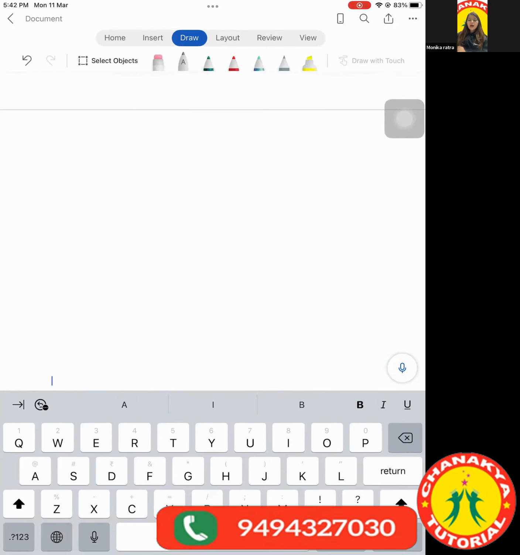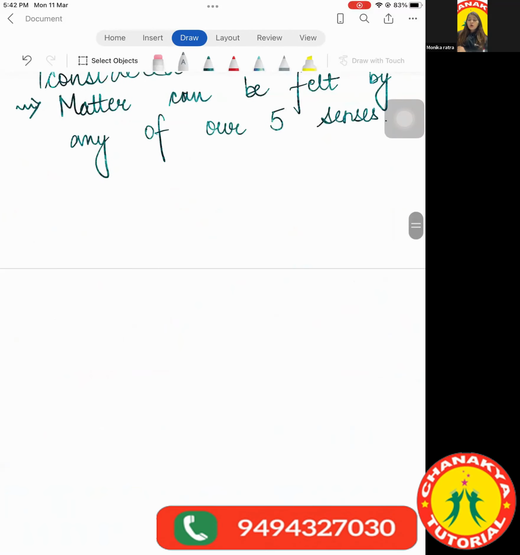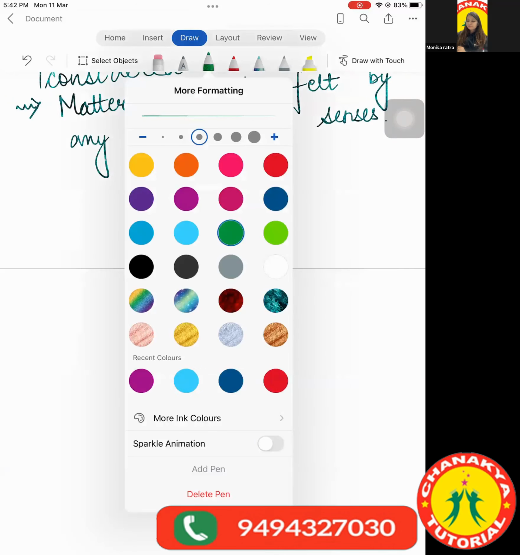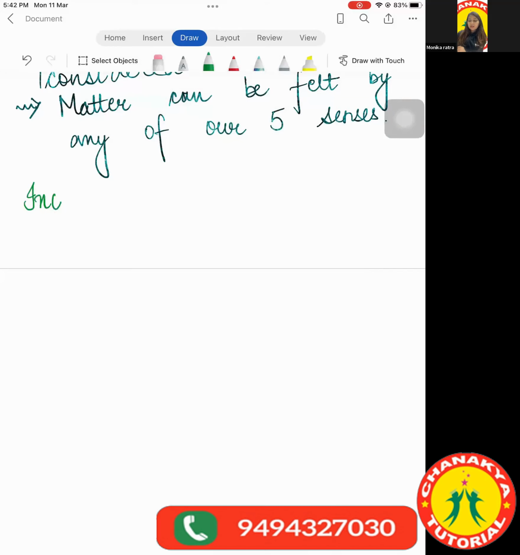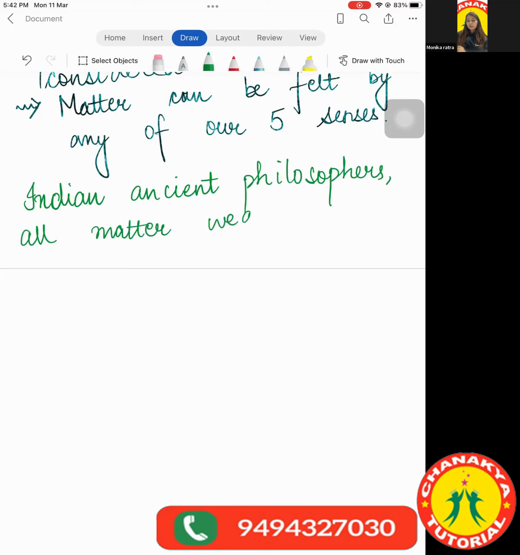Fine. So what I was about to add was that according to some ancient Indian philosophers, all matter, whether living or non-living, is made up of five basic constituents, commonly called Panch Tattva.